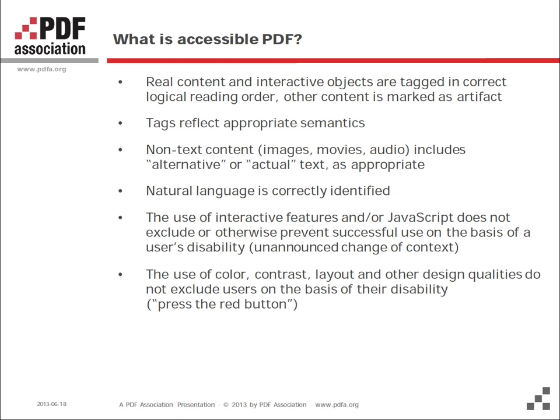The actual text attribute is simply a text replacement for that object. So, for example, an image of a word would be appropriately tagged with actual text, with the value in the actual text attribute as opposed to in the alternative text attribute. Accordingly, that image would not be represented to an AT user as an image per se, but it would be represented by way of the text that's used as an actual text replacement.